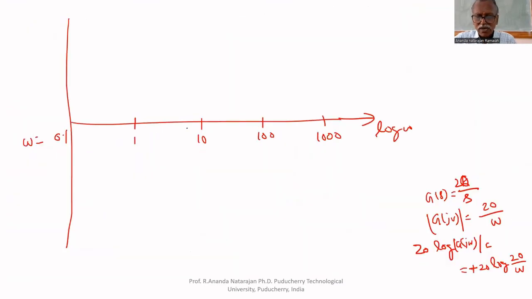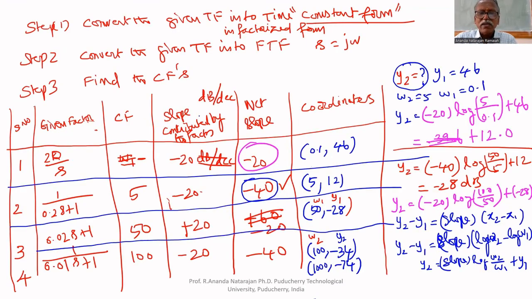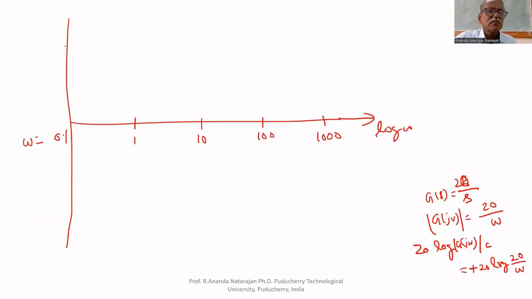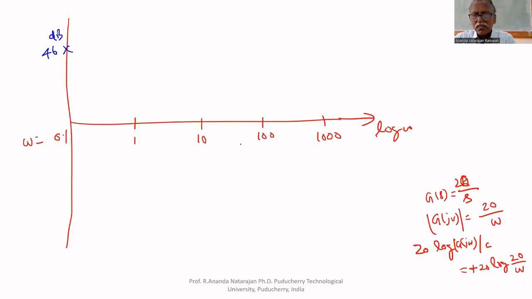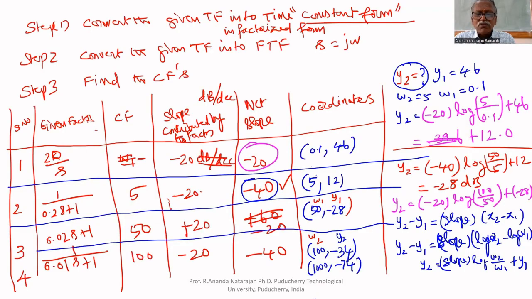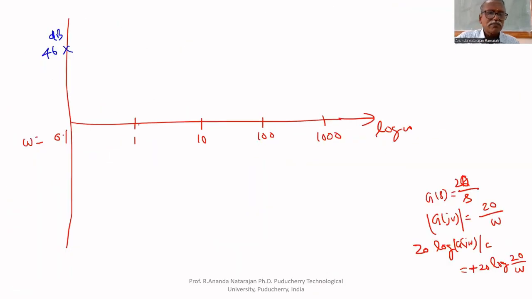We have to draw the Bode plot. What is the first coordinate? 0.1, 46 dB. Then at 5, 12, maybe 5 here, it is 12.